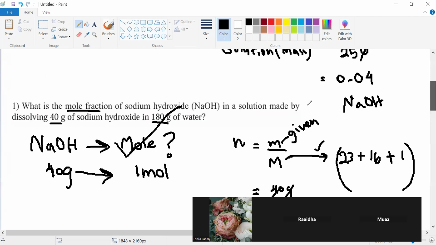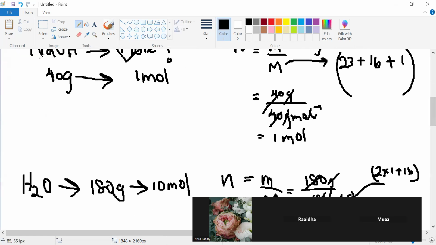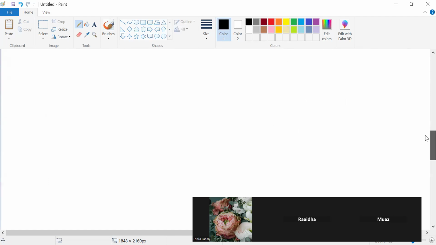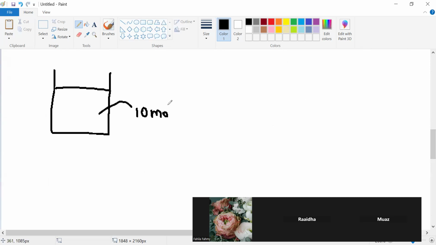What did they ask you in the question? They want you to find the mole fraction of sodium hydroxide. Now I know in this particular container, I have 10 mole of water and I have 1 mole of sodium hydroxide.